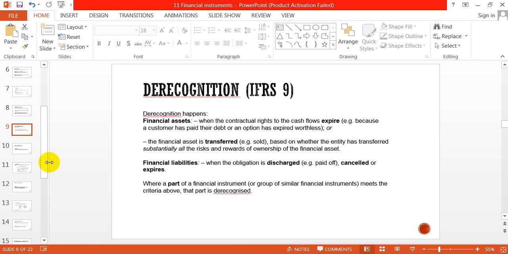There will be one or two which will have an addition, a third one, but most of them have got those two. So the ones that are always there would be the probable future economic benefits.